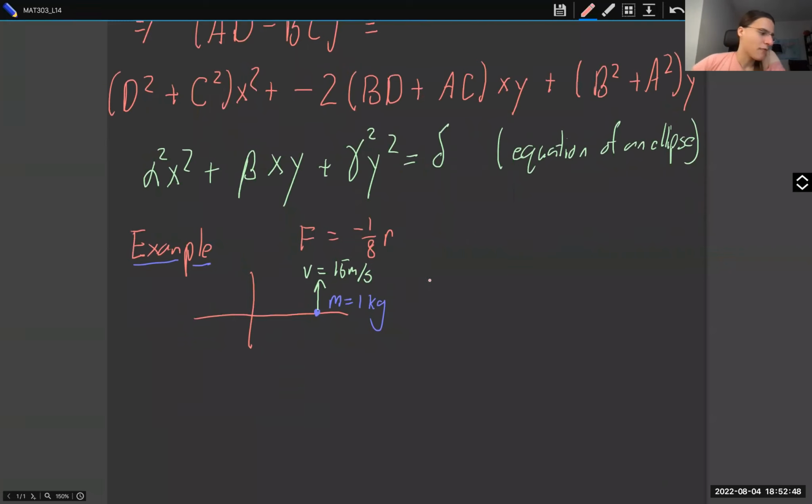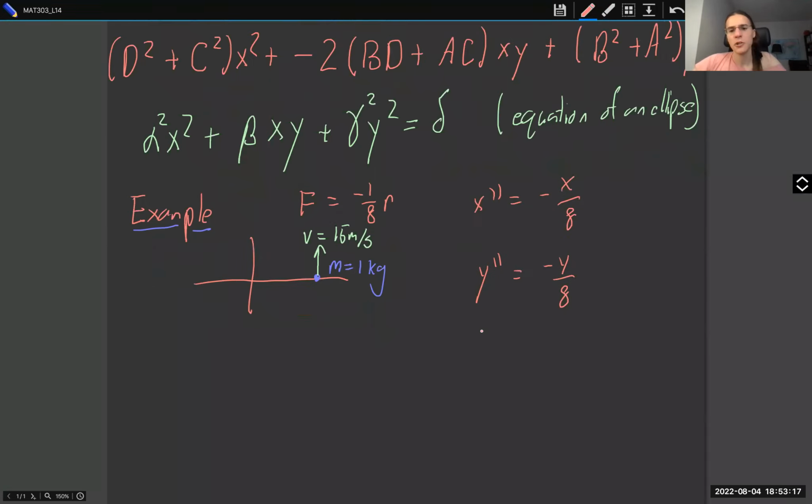Then what we have basically is the equation m x'' is equal to negative x over 8 and m y'' similarly, except m is 1, so we can forget about m.